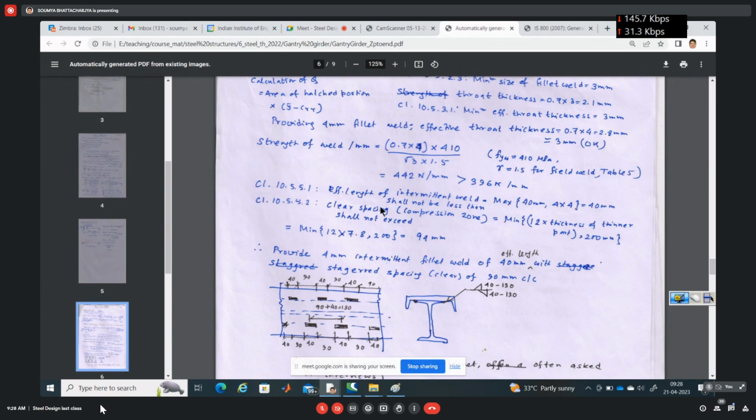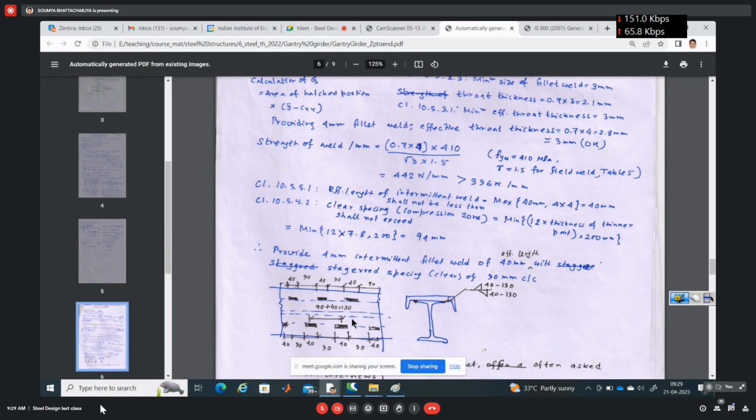So if I consider this particular value, then you see the 40 mm and then 90 gap, then again 40, then 90 gap. This is the intermittent fillet weld. So 40 mm is the length of the intermittent weld and 90 mm is the clear gap. Instead of 94, I am adopting 90.